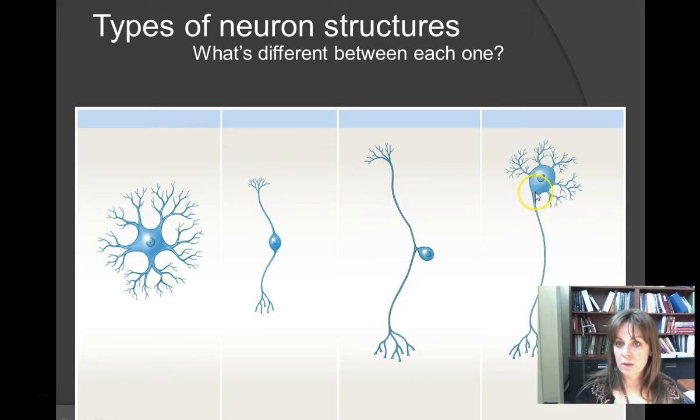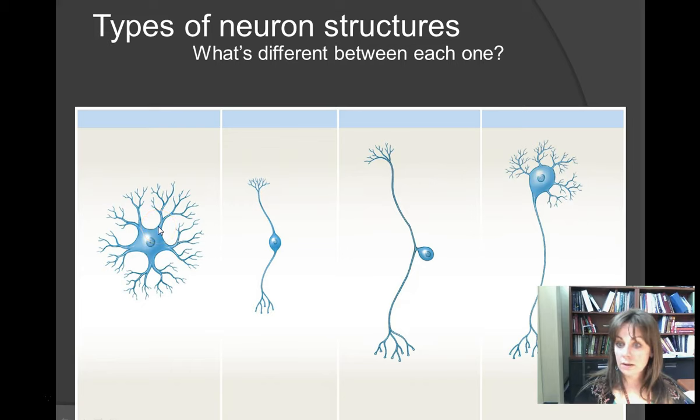But the cell body is to one side, whereas you notice with these two, the cell body's right in the center. But what makes this one different from this other one? Here it looks like the cell body is off to the side, whereas in this one the cell body is just smack dab in the middle.